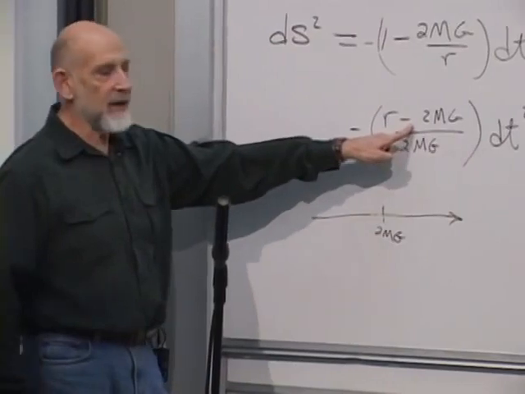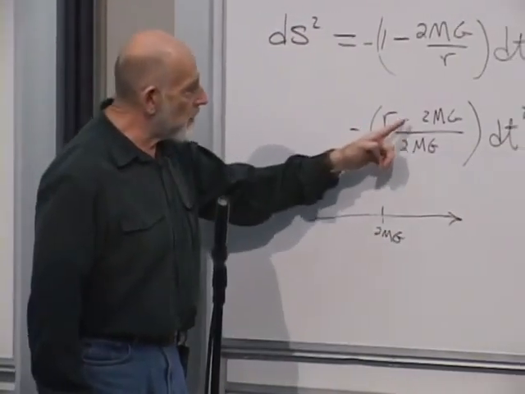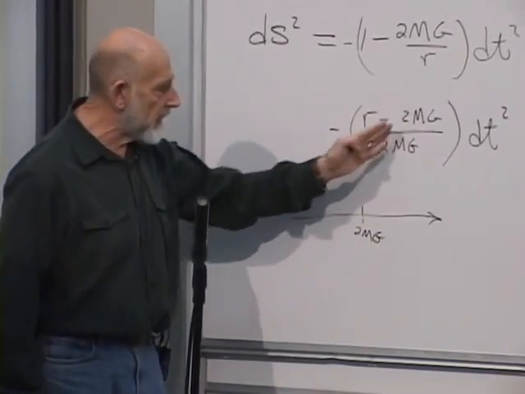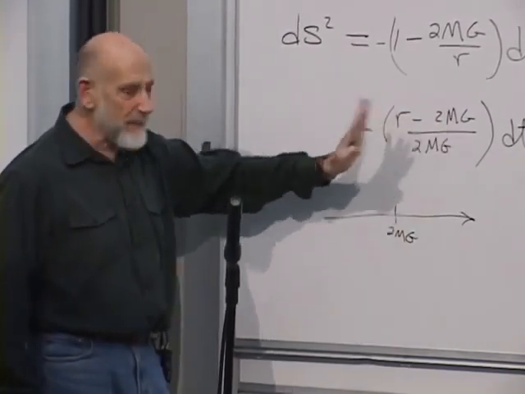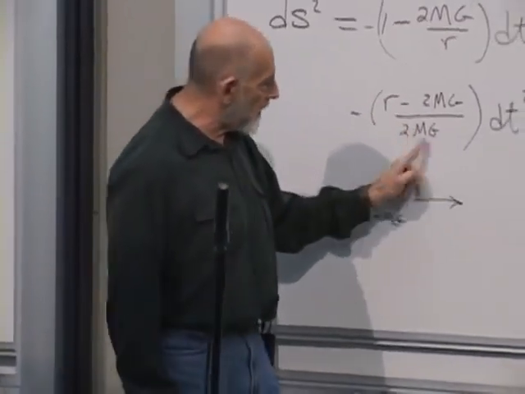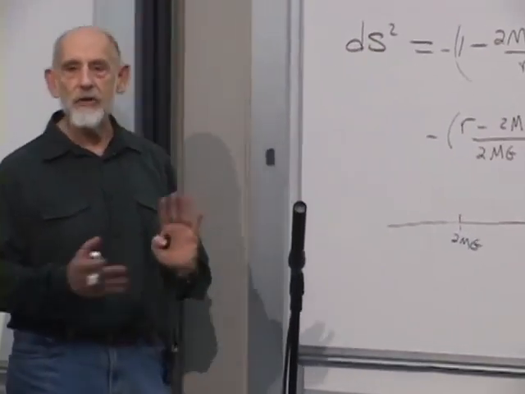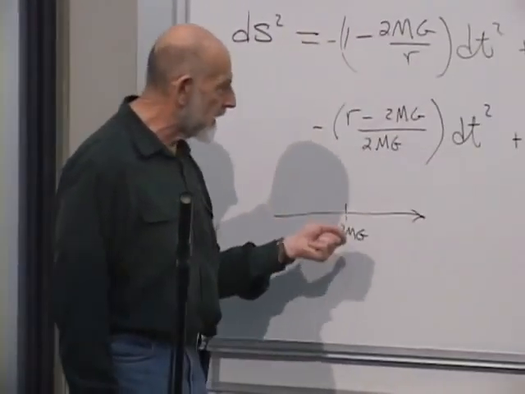Should I do the same over here? No, that's not a good idea, because notice what happens when you move r a little bit near here. This thing can change sign, so we better keep it the way it is. Better not fool around with it. The 2mg in the denominator here doesn't do anything very interesting as you move r a little bit.